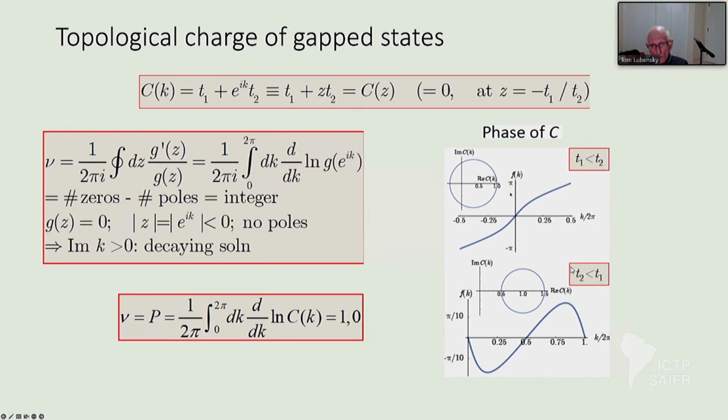T1 over T2. What this means is that the phase of C can either go and come back as I go along K, and because we're on a periodic lattice, it repeats itself. So a function on this lattice can go from 0 and come back to 0.